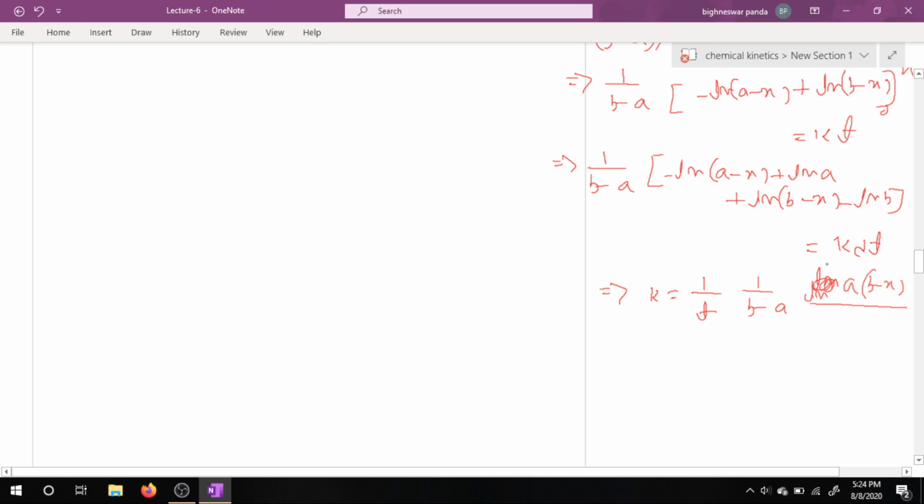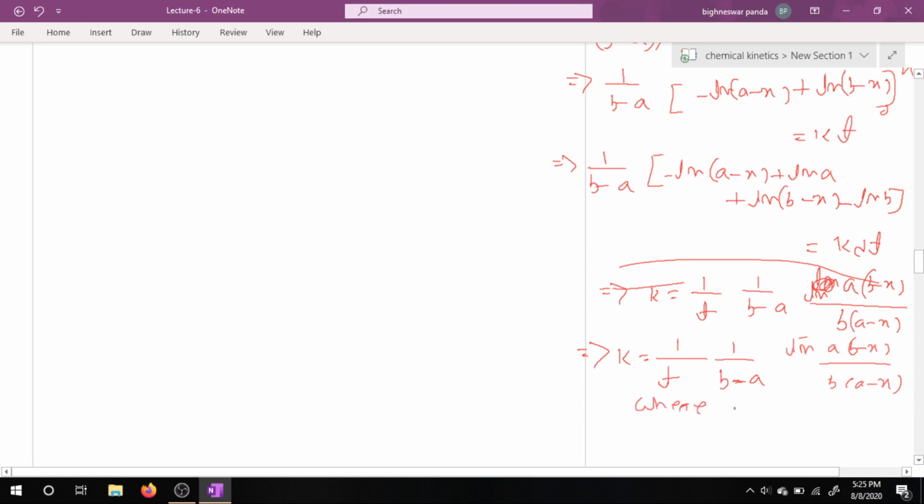So again I am writing k is equal to 1 by t into 1 by b minus a ln a into b minus x by b into a minus x, here x is less than a.